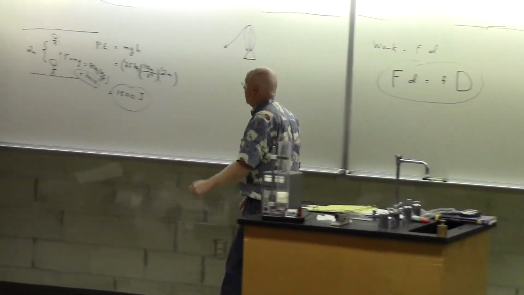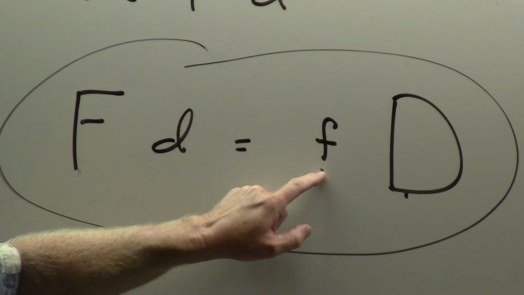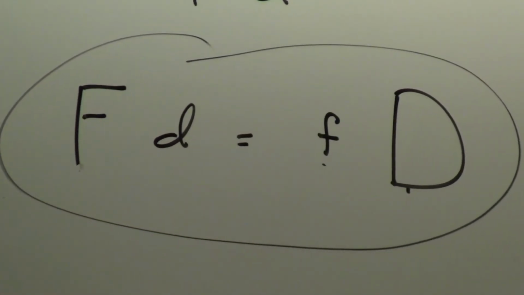And so whatever 750 divided by 4 comes out to be. And so if I have reduced the amount of force by a factor of 4, then I could get that same energy by increasing the distance by a factor of 4. And that's what's going to happen with this little chair system.